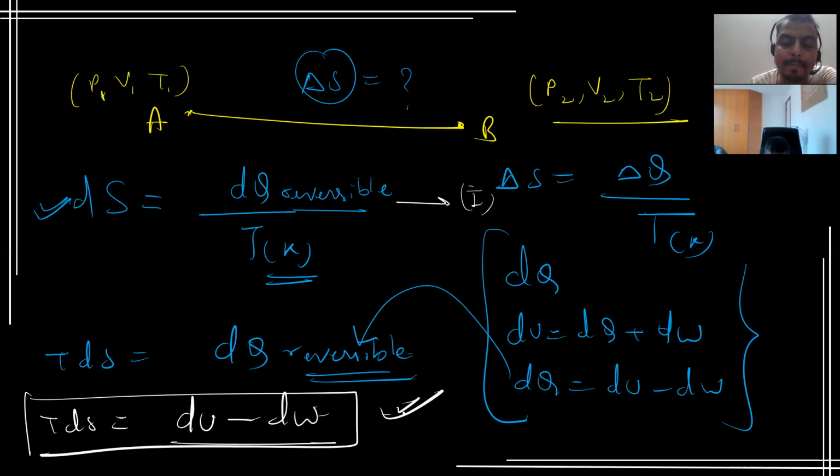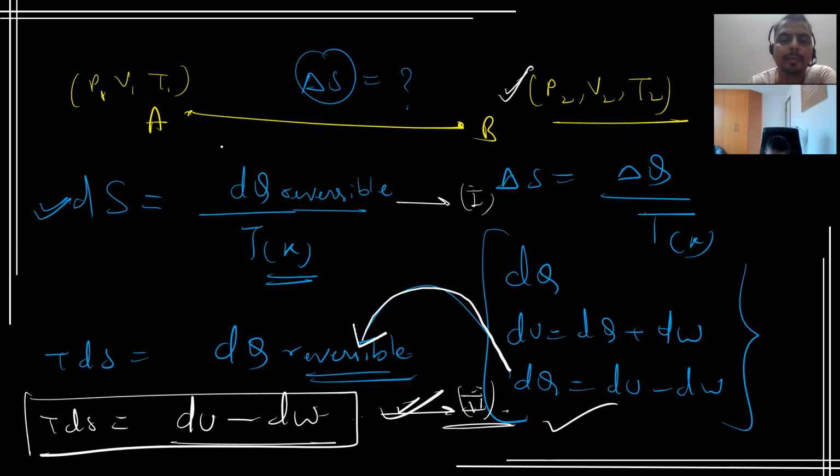Yeah, let me just write. So the dq reversible is just dU minus dw. Yeah, that's right.